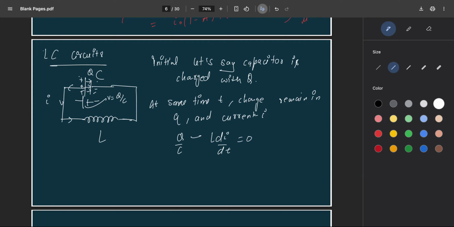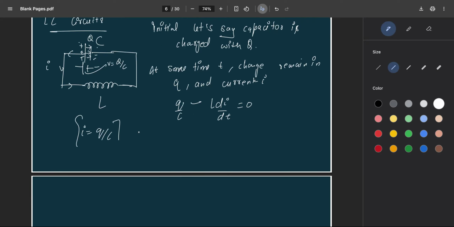If I ask you what the current is, current is nothing but the charge flowing in the circuit. So I is equal to dQ by dt. So you can see Q by C minus L d by dt of dQ by dt.